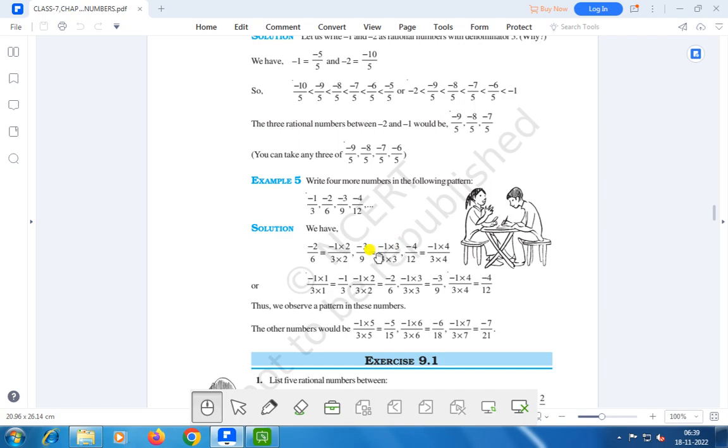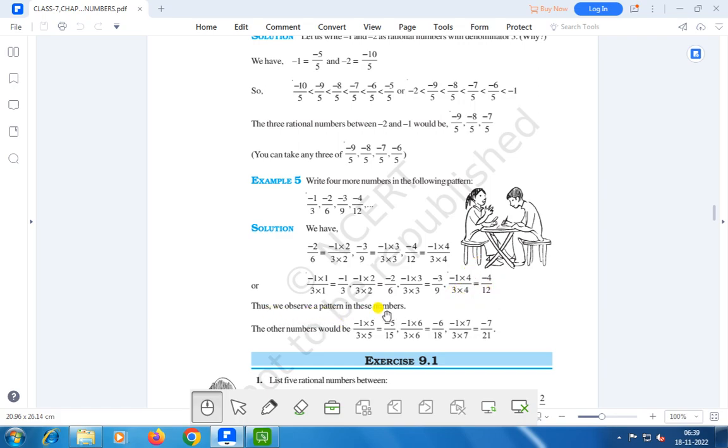Minus 1 by 3 into 3 by 3 is minus 3 by 9. Minus 4 by 12 is equal to minus 1 into 4 by 3 into 4, that is minus 4 by 12, right?